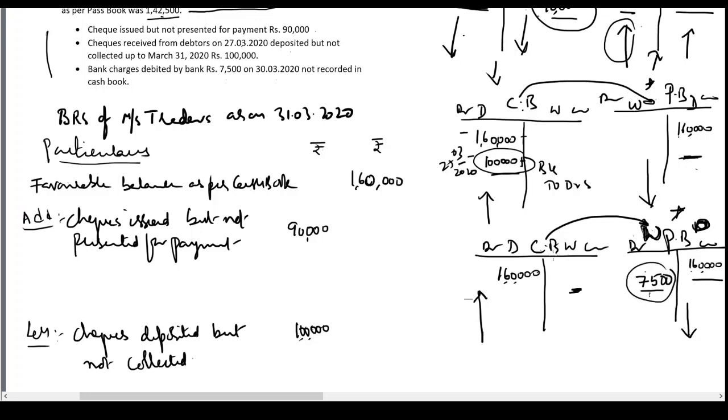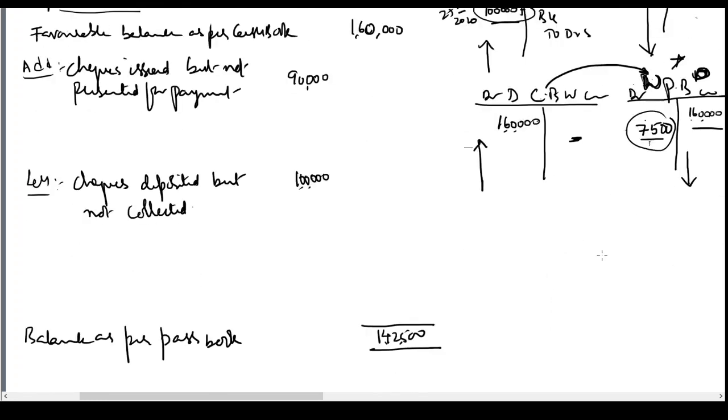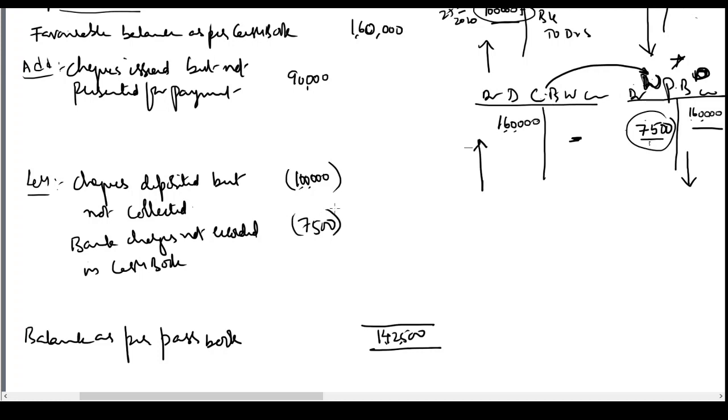So I have to reduce cash book by this much amount so that both the books will become equal. So I'll pass the entry. I'll just write here: bank charges not recorded in cash book, 7,500 rupees. You have to put within brackets the negative items.